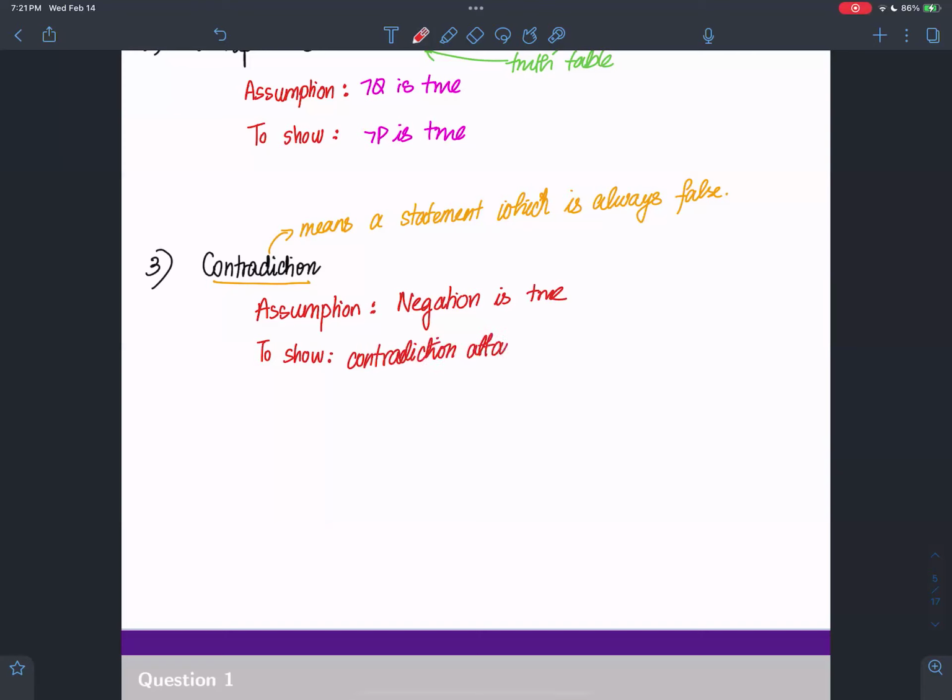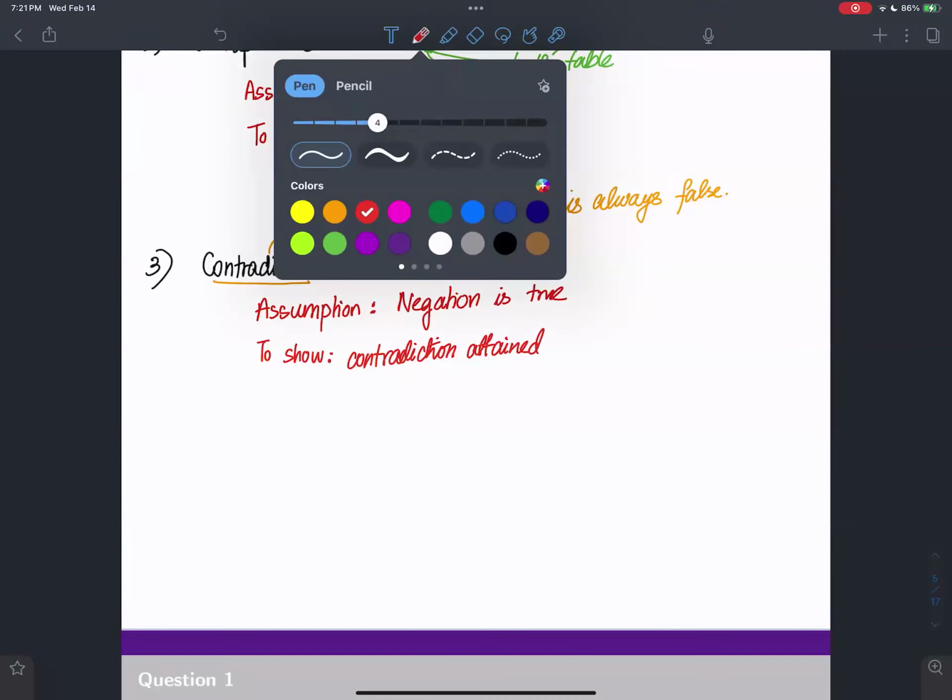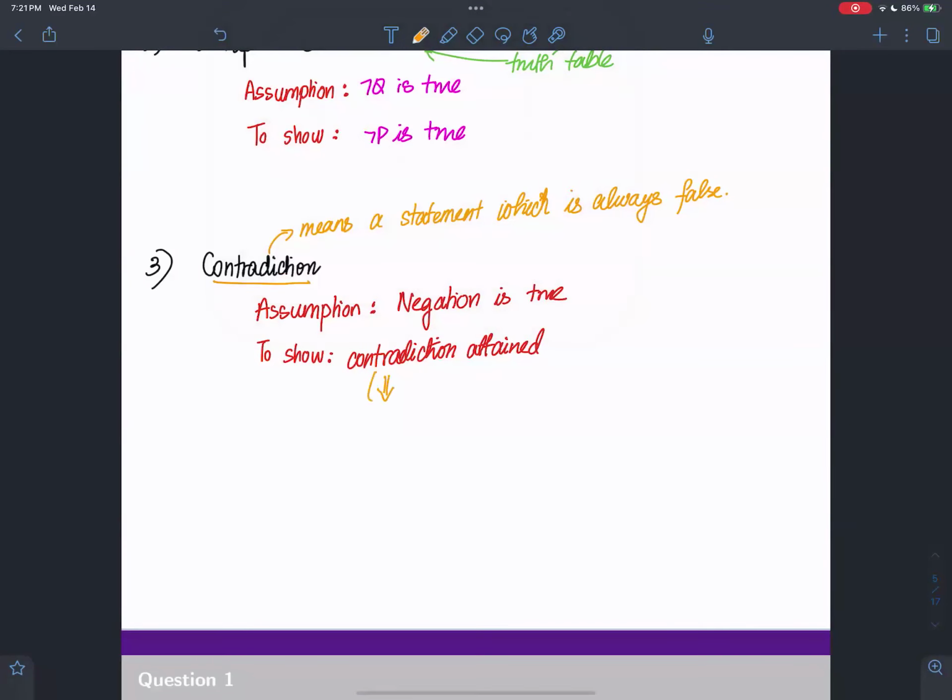So if I assume the negation is true and that leads me to a contradiction, then that means my negation assumption was false, right? So let me write this, which means the assumption was false, i.e. the negation is false, assumption wrong, which means the original statement is true.